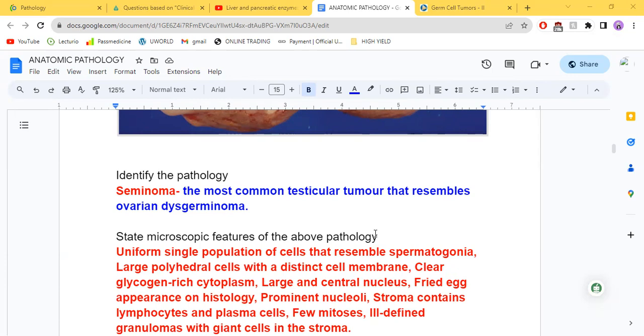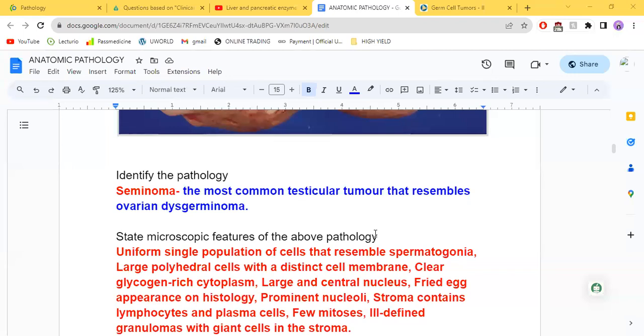That's why it has this fried egg appearance. It has a prominent nucleolus, that is the nuclear material inside the nucleus. The stroma contains lymphocytes and plasma cells with few mitosis, and ill-defined granulomas with giant cells in the stroma.